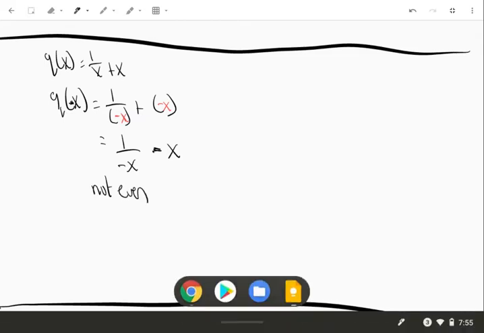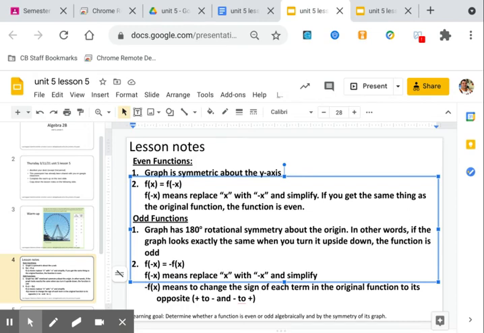Okay. So if we go back to our notes, if it's not even, then we have to check odd. So now we have to do negative f of x, or in this case, negative q of x. That means change the sign of each term in the original function to its opposite.